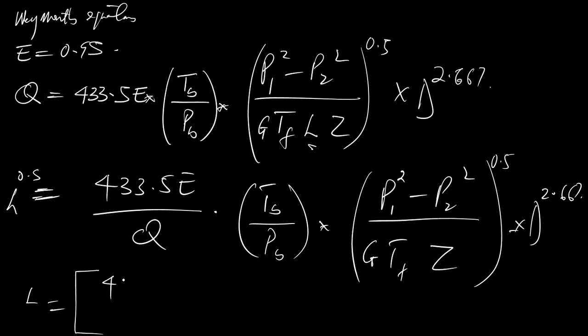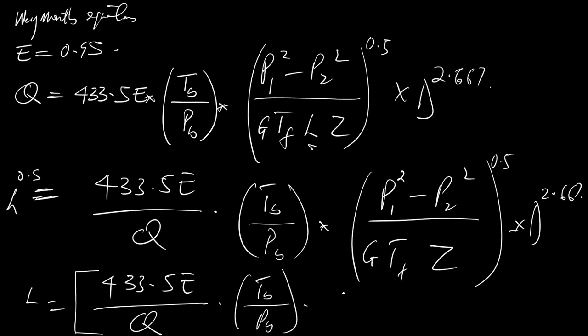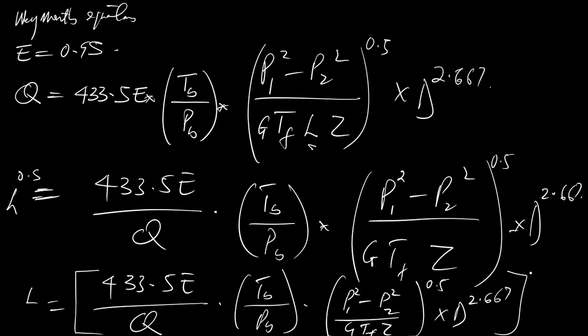I have 433.5 E divided by Q times the ratio of base temperature over base pressure, times P1 square minus P2 square all over G T F Z, all raised to power 0.5, times D raised to power 2.667, all raised to power 2.